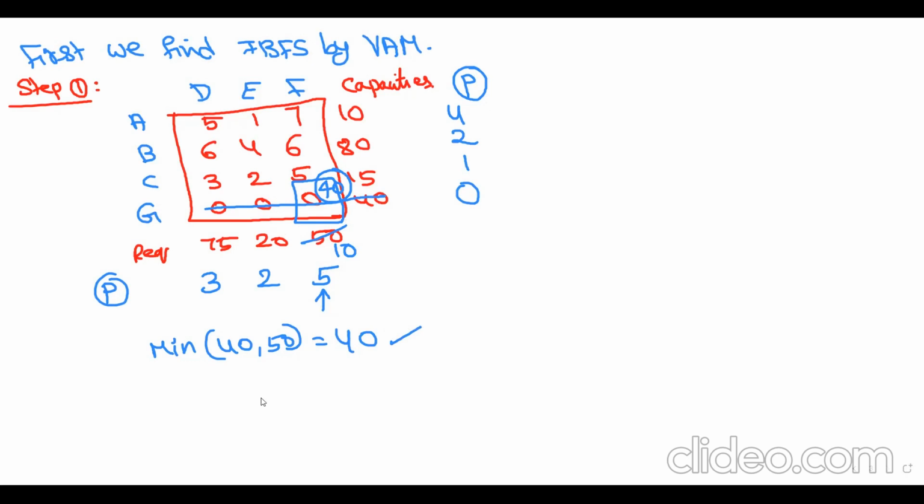Step 2. Columns D, E, F; rows A, B, C only, we have 5, 1, 7, 6, 4, 6, 3, 2, 5.